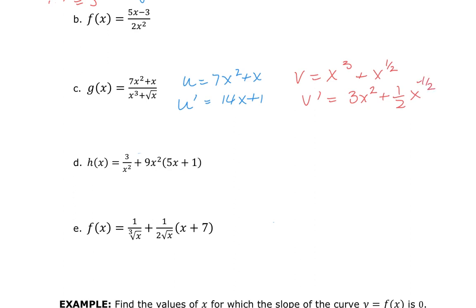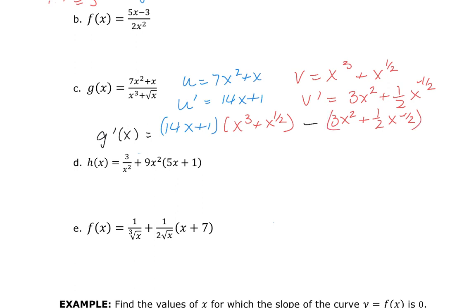Okay, so I'm going to have g prime, which is going to be equal to u prime, which is 14x plus 1, multiplied by v, which is x cubed plus x to the 1/2, minus the derivative of the denominator, which is going to be 3x squared plus 1/2 x raised to the negative 1/2, multiplied by the numerator, which is going to be 7x squared plus x, all over the denominator squared, so x cubed plus x raised to the 1/2, the quantity squared.